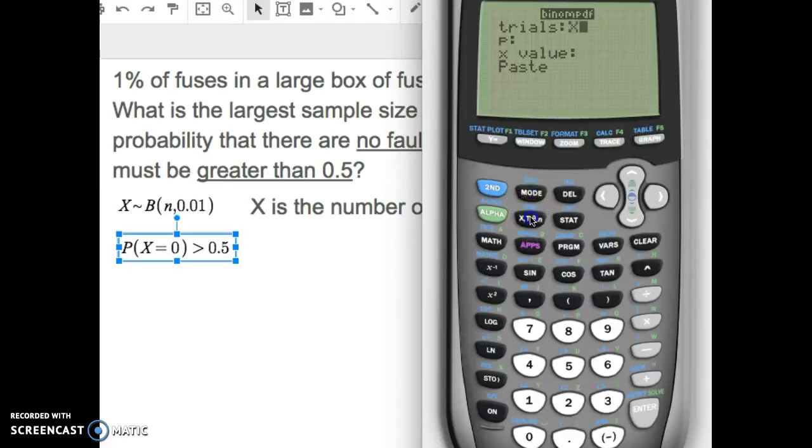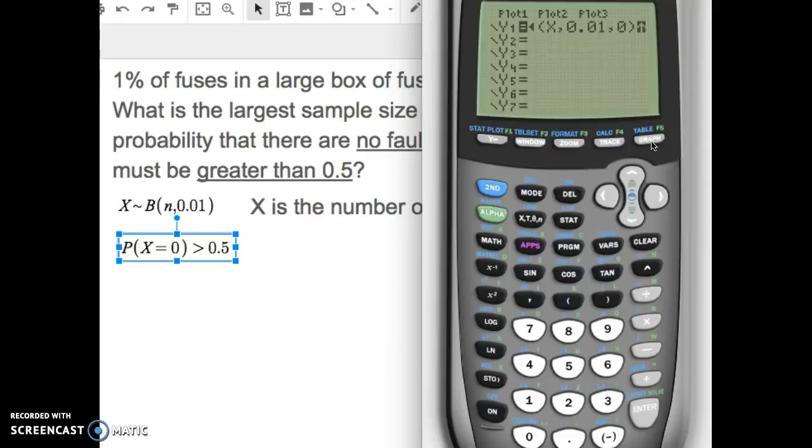Trials, I don't know, that's what we have to find. P is 0.01. The X value, we're looking for X equals 0, zero faulty. And that's my Y1.